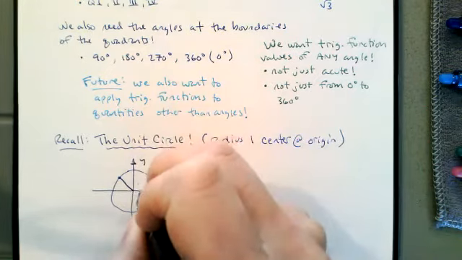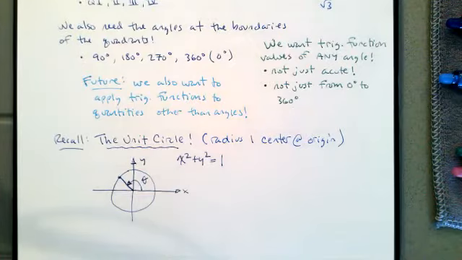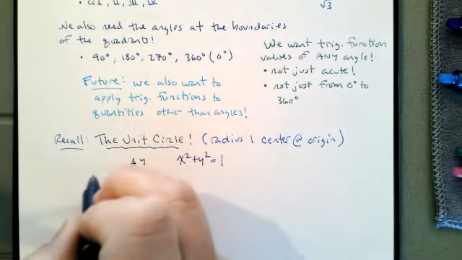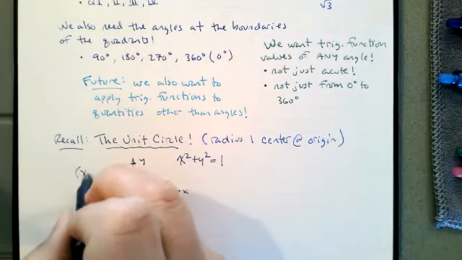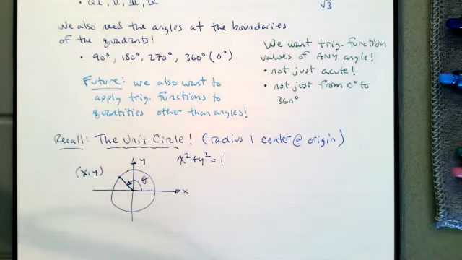and if theta is the angle from the positive x-axis to the terminal side of the angle, then we have coordinates here on the unit circle x, y. And what we found is that on the unit circle, the x-coordinate is going to give us the cosine of that angle, and the y-coordinate is going to give us the sine of the angle.